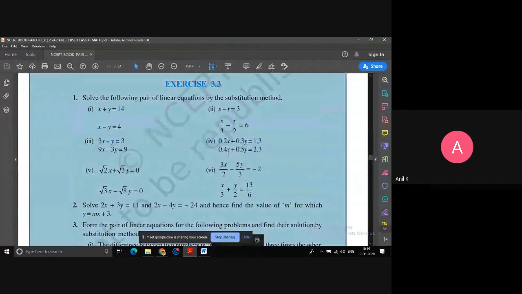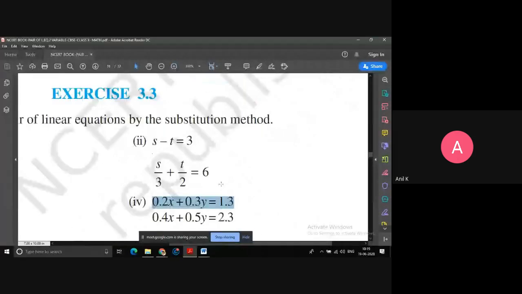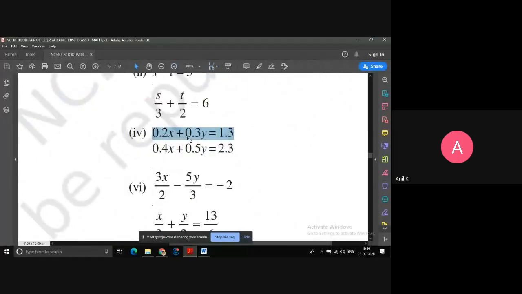Now here also we have 0.2 and here it is 0.4. If I want to eliminate x, just multiply this equation with 2. 0.2 into 2 will be 0.4, so here also it is 0.4. Actually, you have to use the substitution method, sorry. Substitution method means you find either the x value or the y value.